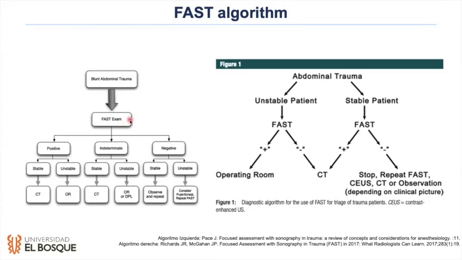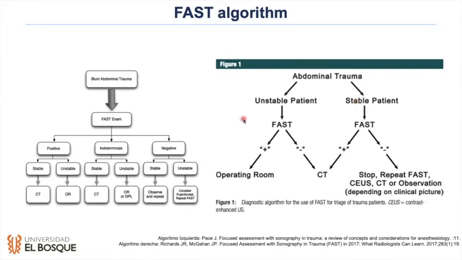this algorithm is going to tell you that first you have to do the FAST exam independently of whether your patient is unstable or stable. But this algorithm is going to tell you first you have to determine if your patient is stable or unstable.